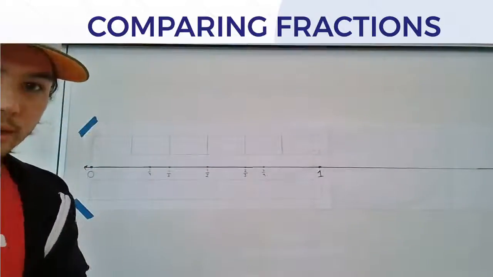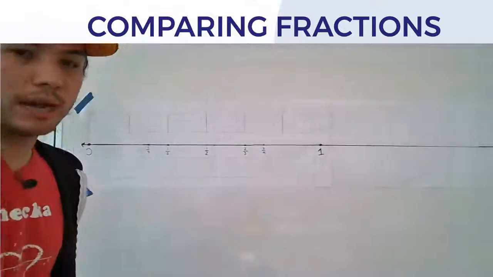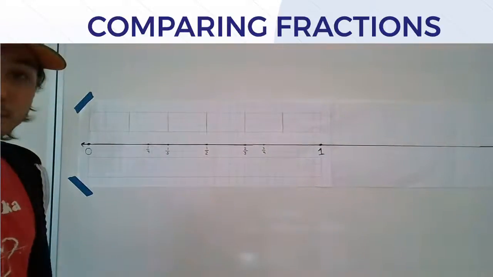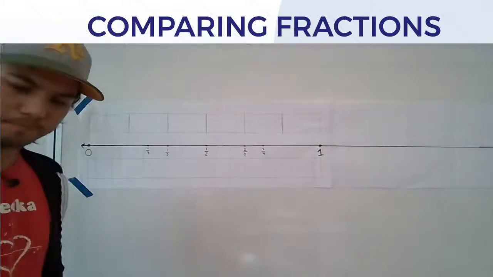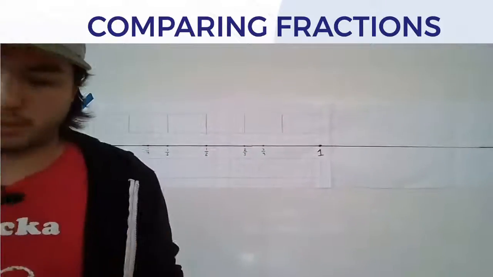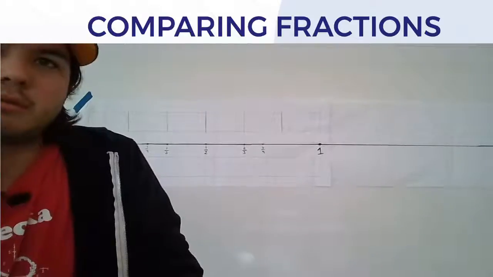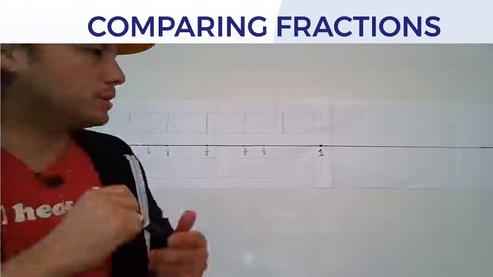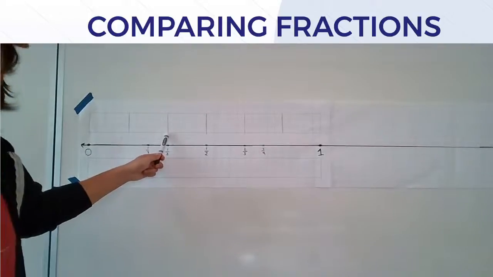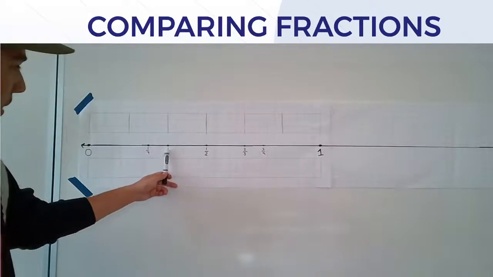Okay, so now we've got our fraction bar up top. We're dividing into 6 equal pieces, so we can figure out what 1/6 is. I'm noticing that 2/6 is right at the same spot that 1/3 is.